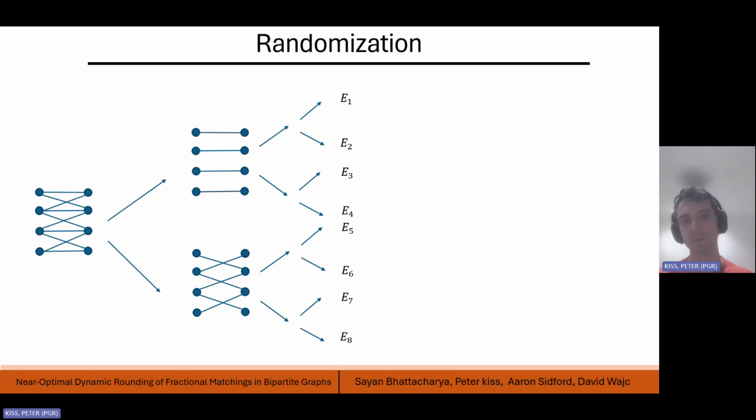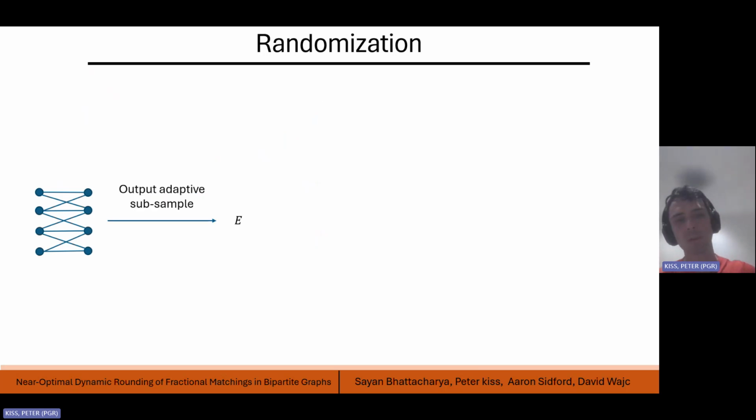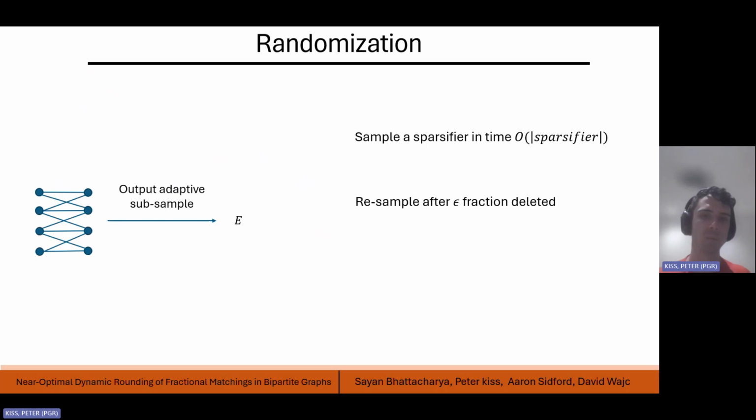Instead of this previous framework, we simply sample our sparsifier using this set sampler. The sampling time will be roughly the same as the size of the sparsifier, and we can just resample after an epsilon fraction is deleted, and this will give us an Õ(1/epsilon) update time algorithm against an output adaptive adversary, at least, showing the strength of this supporting lemma.